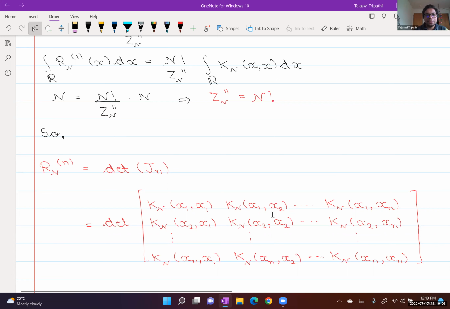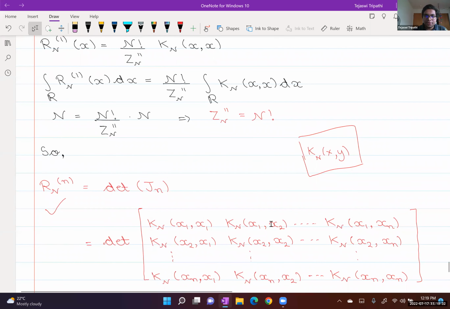So you can see it just suffices to study this function Kn(x,y). And if you know the behavior of this function for large n, you can tell the behavior of Rn, these correlation functions, and that suffices to study many properties.